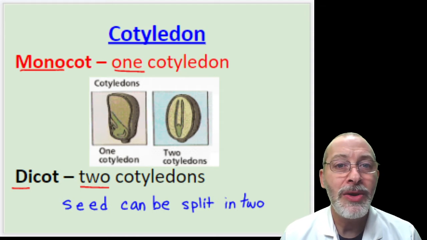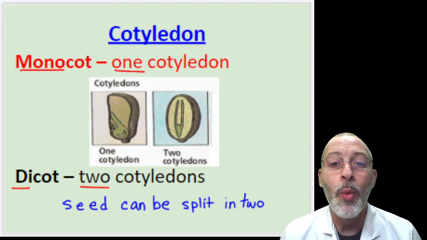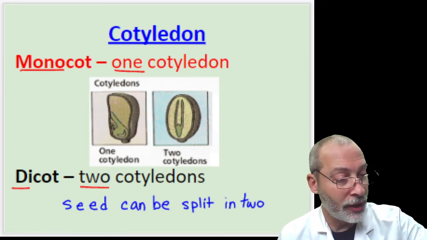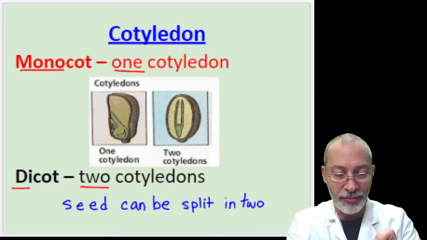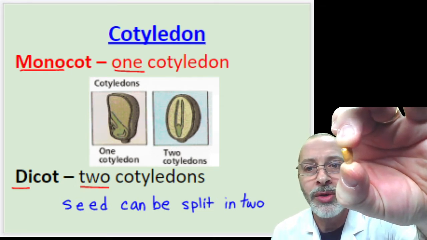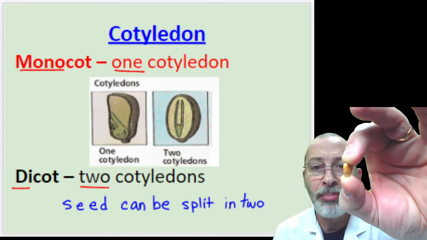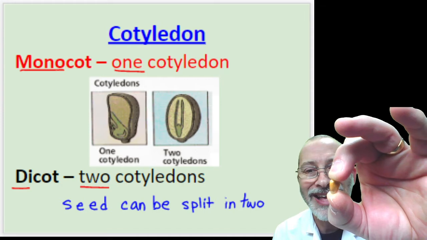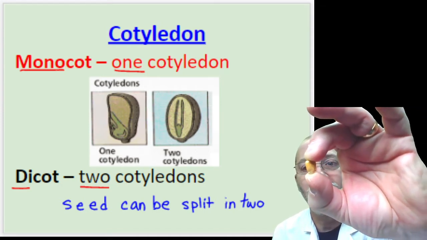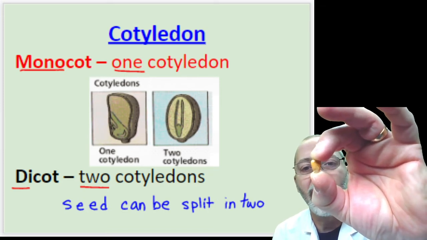A monocot is a plant that has one cotyledon. I'll give you a quick example of one. This one that I've been referring to here, the corn seed. A corn seed is a type of seed that comes from a plant that is referred to as a monocot, because the seeds have only one cotyledon on the inside.